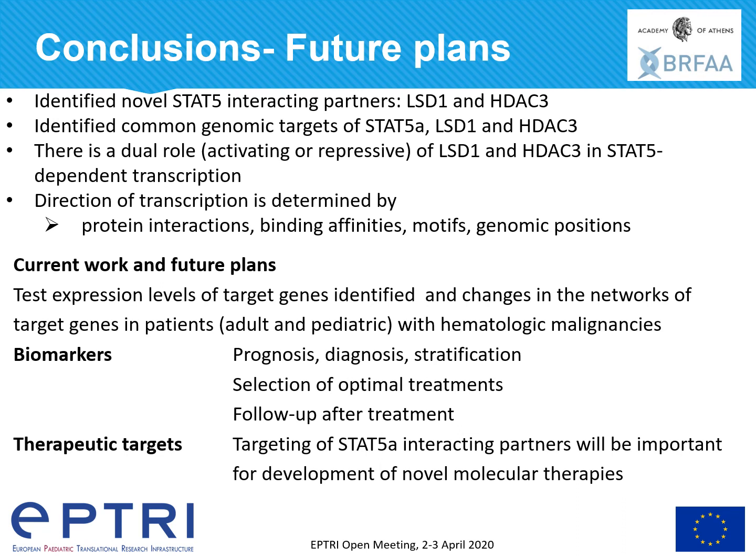And such genes can be used as biomarkers for prognosis, diagnosis and stratification, for selection of optimal treatments, and for follow-up after the treatments. Furthermore, the targeting of STAT5A interacting partners will be important for development of novel molecular therapies.